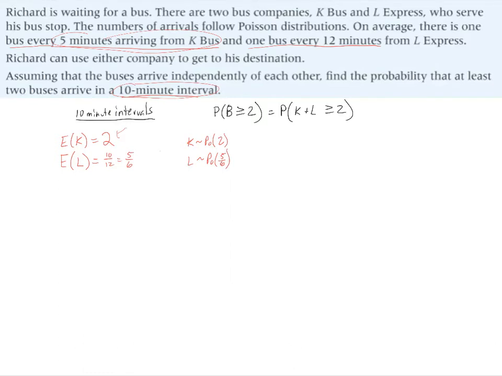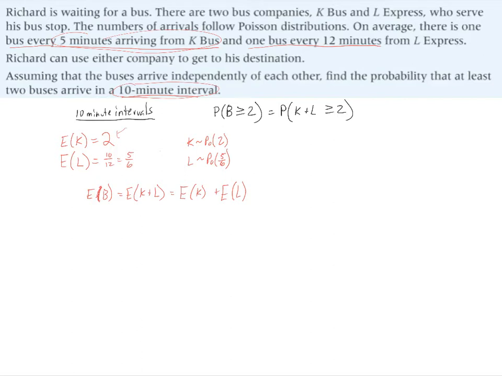All right. Now what's going to happen is we're going to put those together, right? We know that the expected value, E of B, is equal to the expected value of K plus L. Now, from what we were just talking about in the previous slides, we then know that that is equal to the expected value of K plus the expected value of L, and that is the expectation algebra that we're talking about.